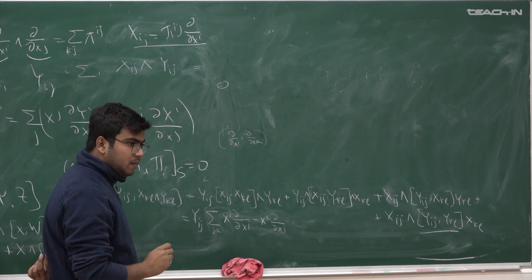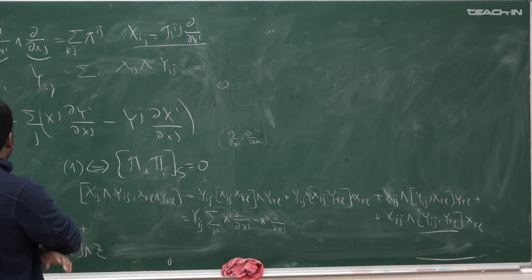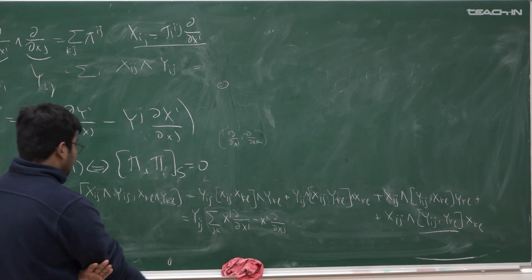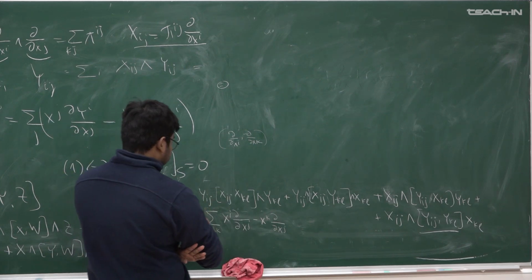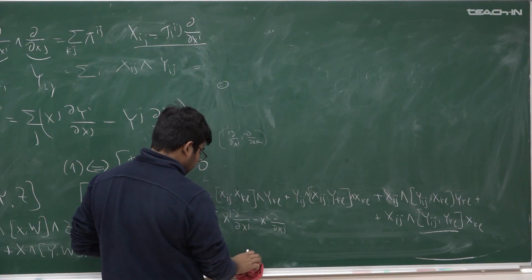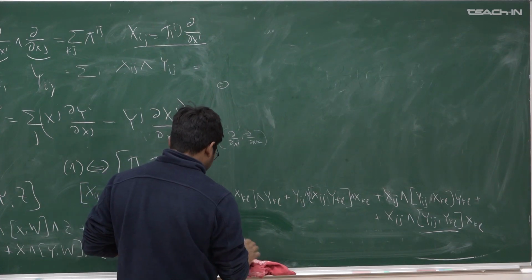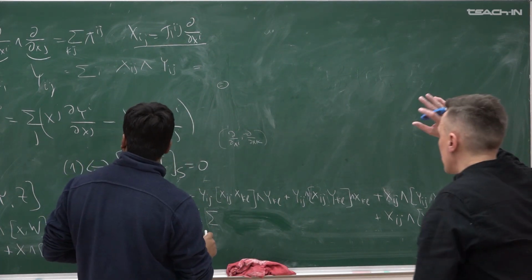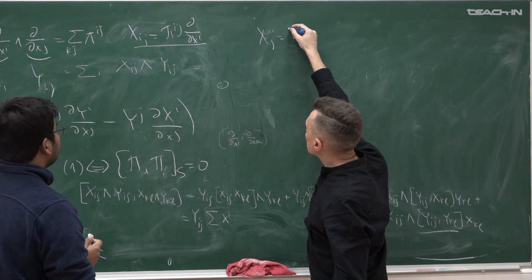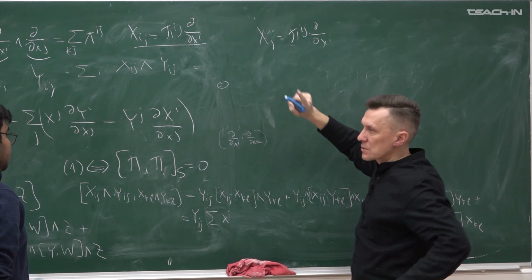Am I correct? Wait, yes. I think you don't understand the notation. You see, our vector field is x_ij pi ij d over dxi. There is no summation here.